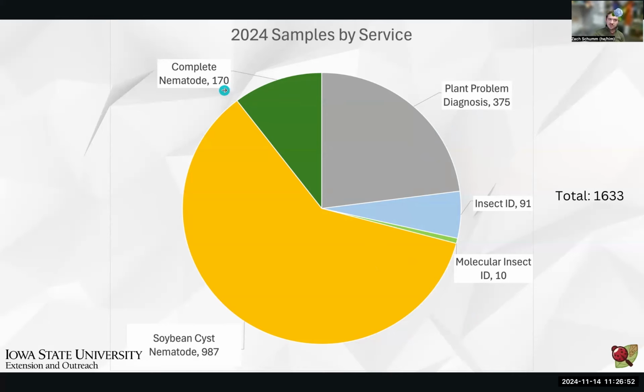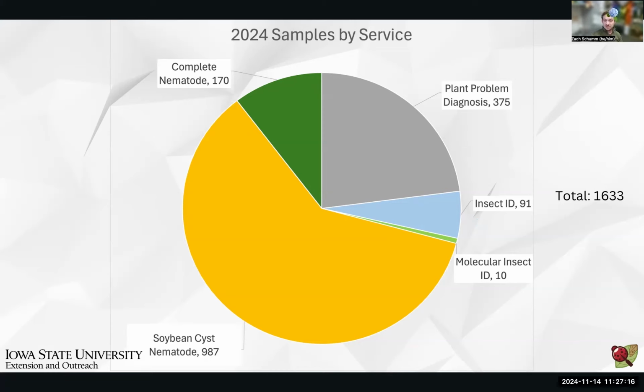Insect identification, there's a really big asterisk next to the insect identification. Those 91 samples there are physical samples that we're getting in the diagnostic clinic. However, I also do hundreds of insect identifications via photo that are just emailed or sent via text message to the diagnostic clinic. Those are not reflected in these numbers. These are just physical insect samples that are sent to the lab.